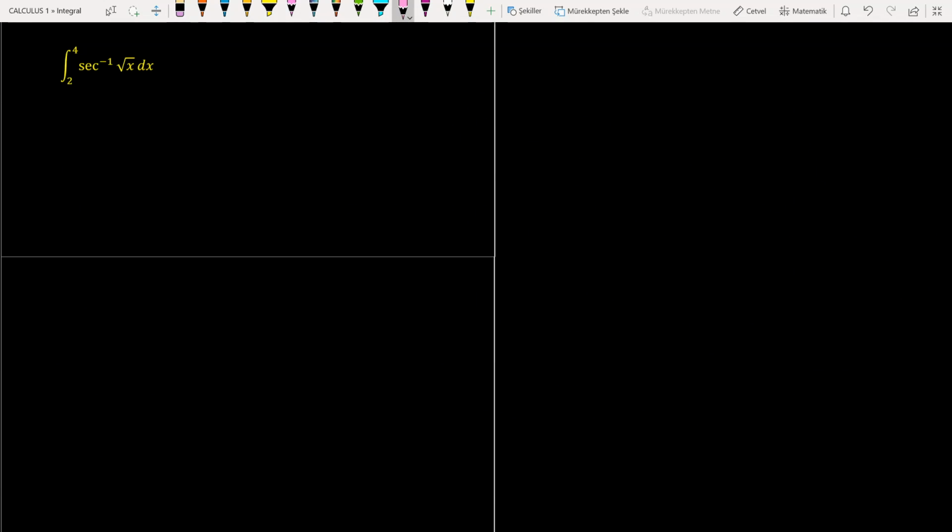Okay, let's look at this example. The integral from 2 to 4 of arcsecant square root of x dx. Since inverse trigonometric functions come first, u becomes arcsecant square root of x.